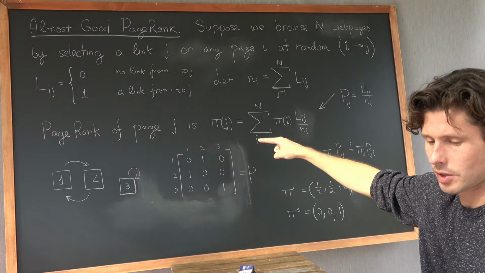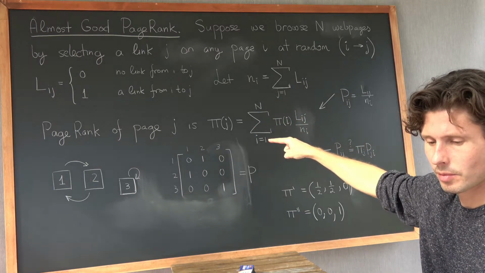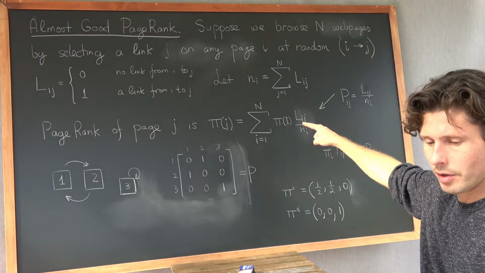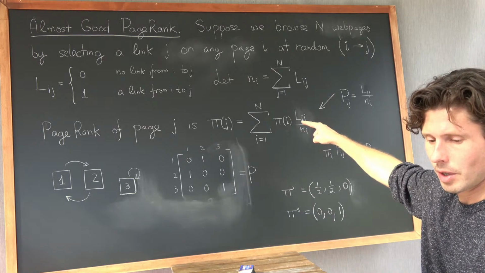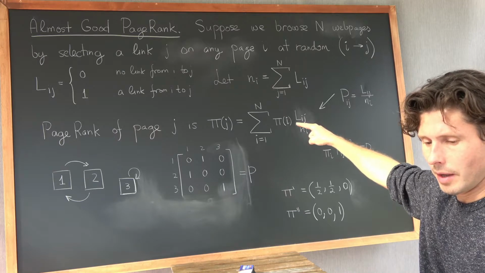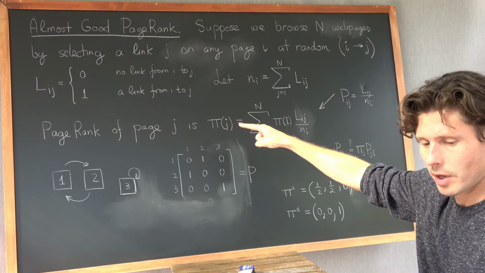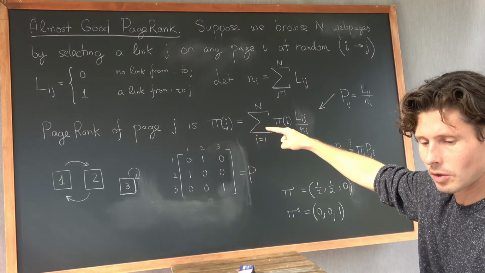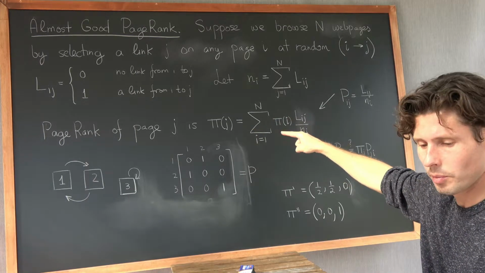Well, it's a sum over all the other web pages. Whenever there is a link to page j from some page i, the PageRank of page j increases, and it increases in proportion to how important page i is.